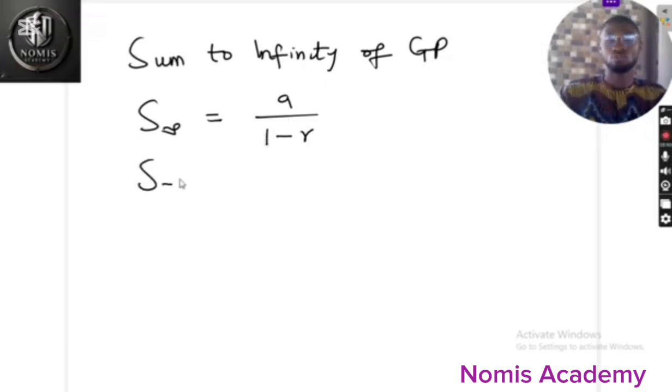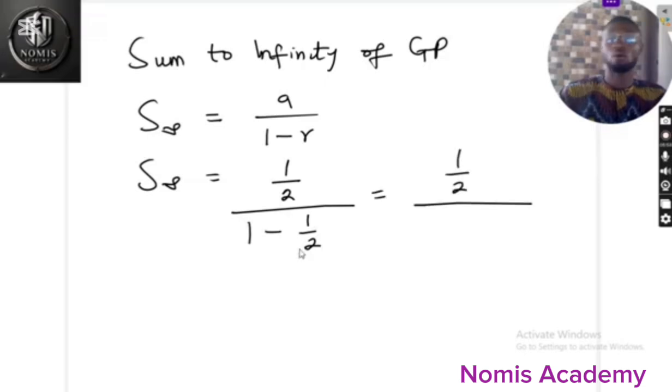So a, the first term, is 1 over 2. Everything over 1 minus the common ratio, which is still 1 over 2. So this is equal to 1 over 2 all over 1 minus 1 over 2. That is, subtract half from a whole 1. So it will be half, definitely, 1 over 2.